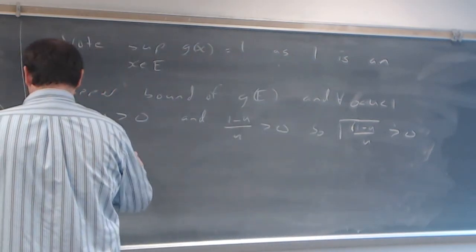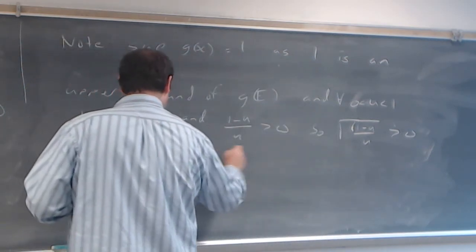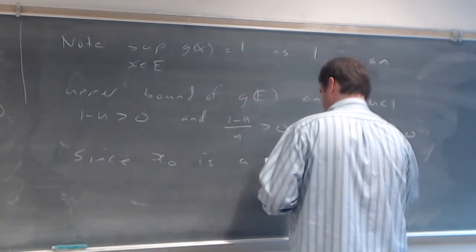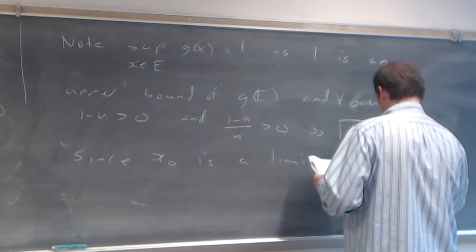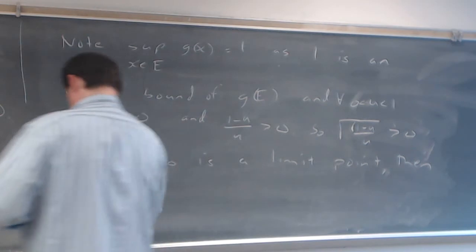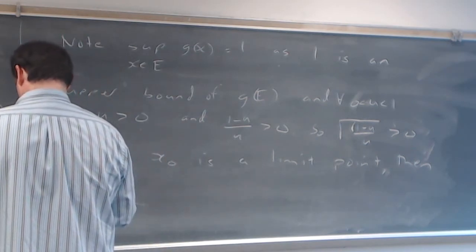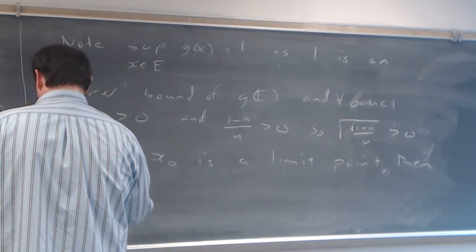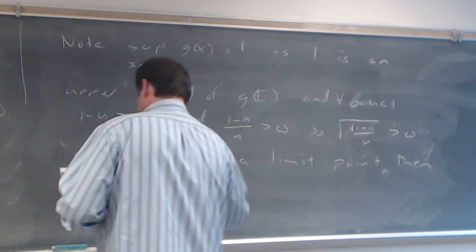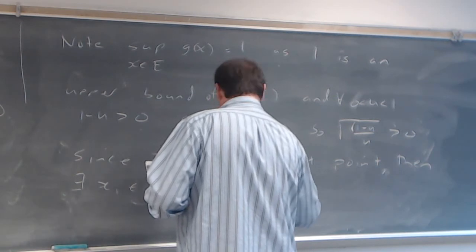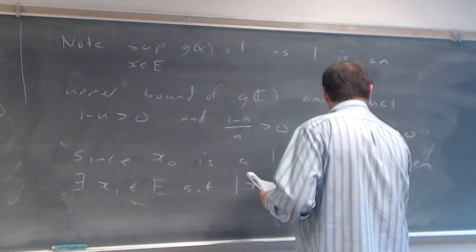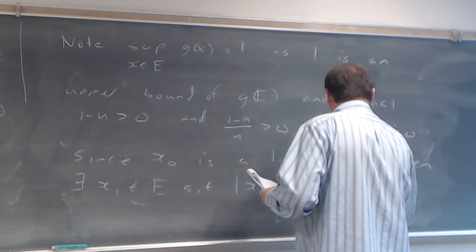And now we look at it. Since x sub naught is a limit point of E, then there exists an x sub 1 in E such that the absolute value of x sub 1 minus x sub naught will be less than this quantity here, the square root of 1 minus u over u.